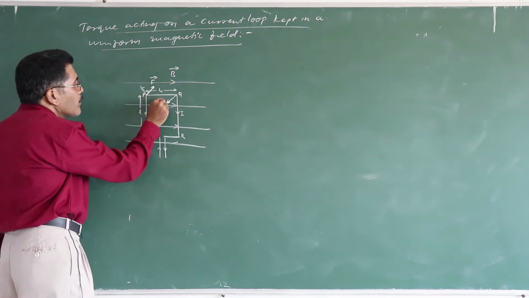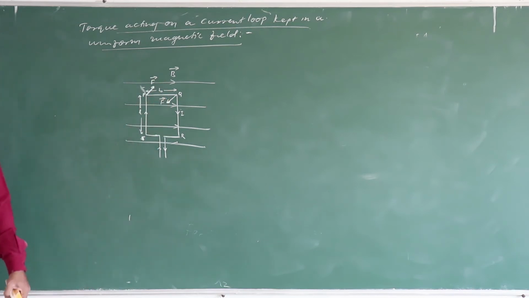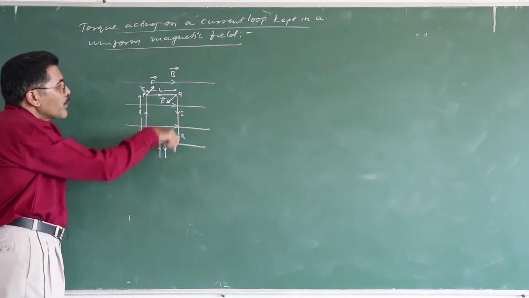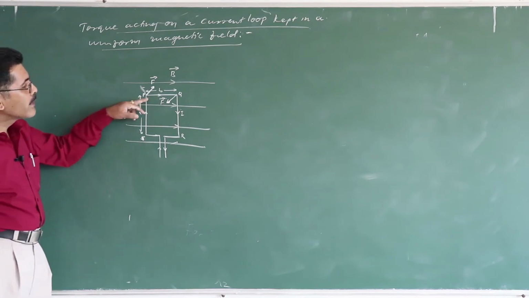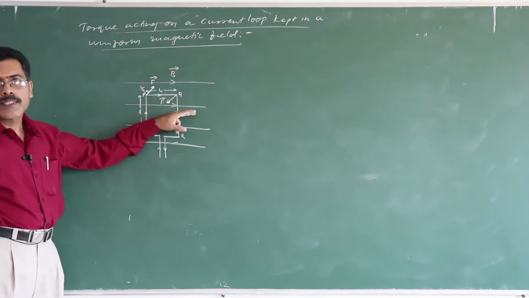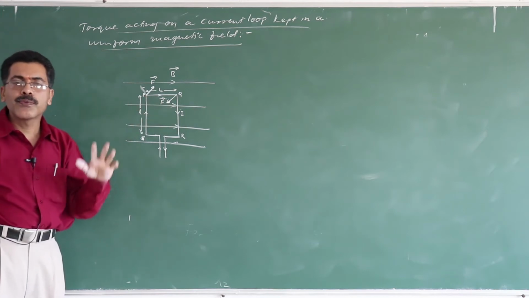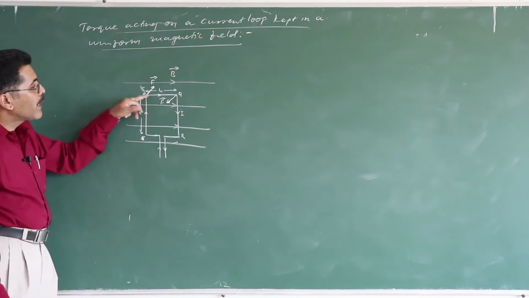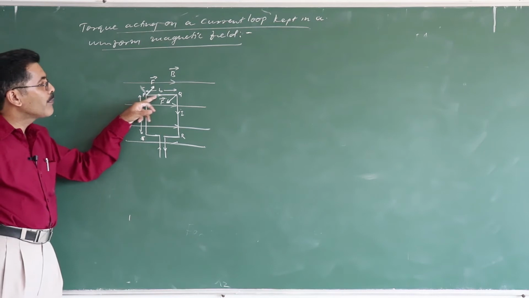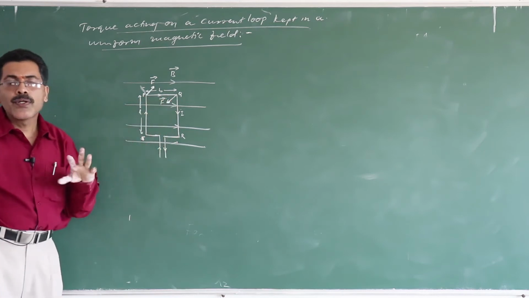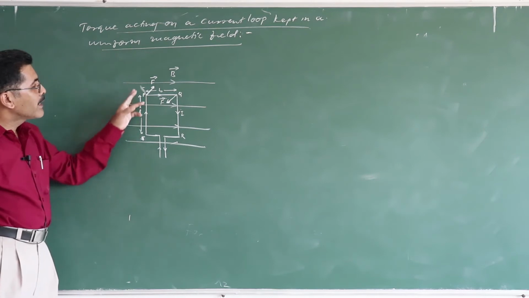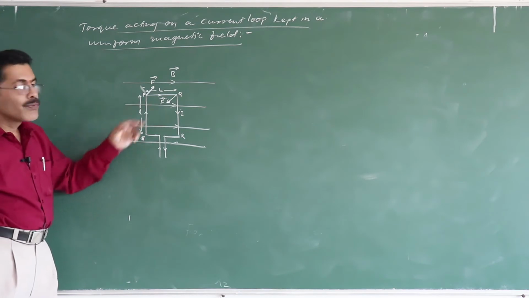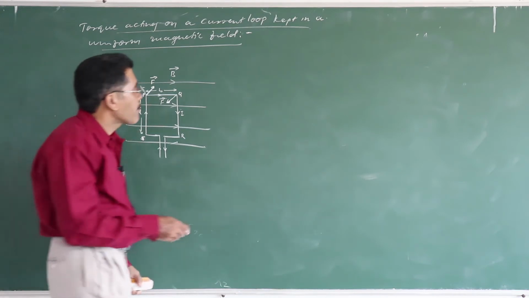The loop is acted upon by a force, and this force acts only at the perpendicular sides PS and QR. This part of the conductor is parallel to the field direction. It does not experience any force because you know that force is given by BIL sin theta. Here theta is 0. Therefore sides PQ as well as RS do not experience any force, while the sides which are perpendicular to the field experience a maximum force, and that force is given by BIL.